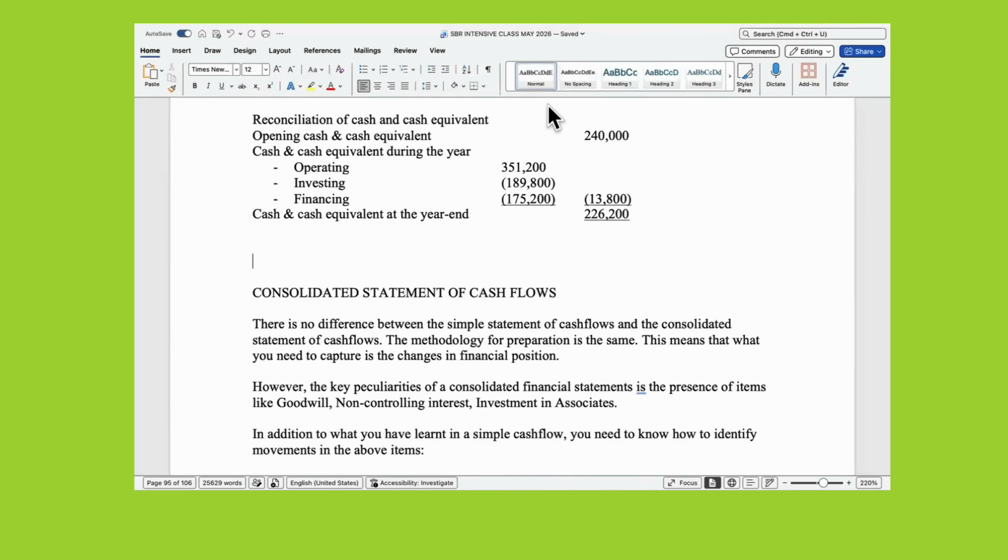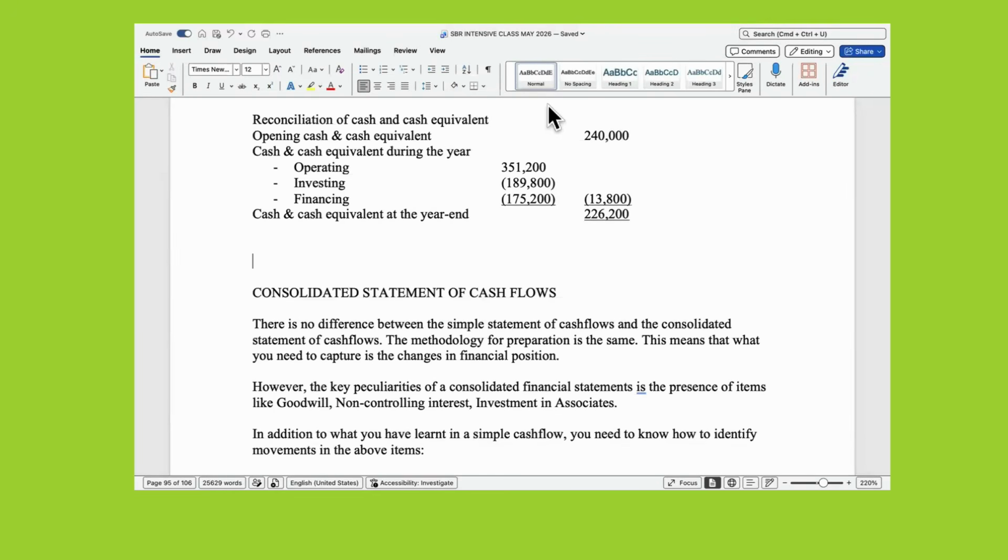As soon as you can capture changes or movements in your assets, movements in your equity, movements in your liabilities, then you will have captured all cash elements that need to be captured.